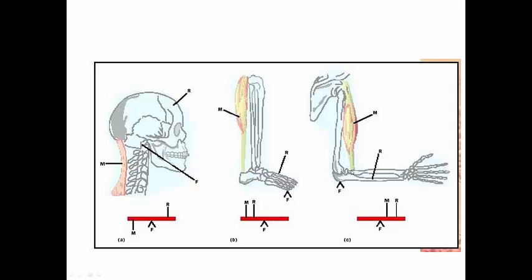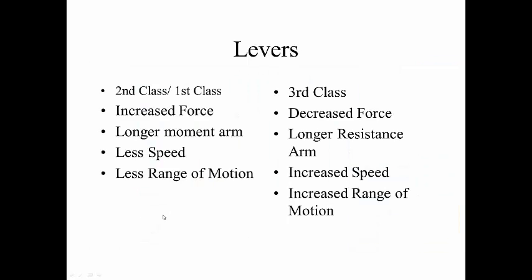And then we have the third class, which is your muscle or your force production is closer to your fulcrum or center of rotation than the resistance is. And here's a summary. First and second class levers, you have an increased force, you have a longer moment arm, so you have a force advantage, but there's less speed and less range of motion.